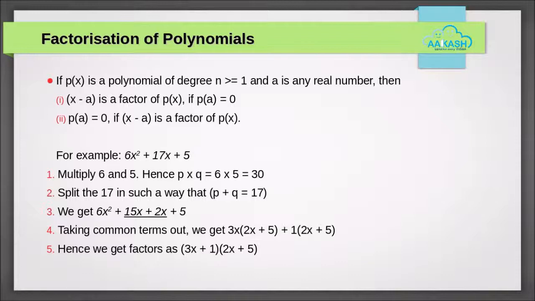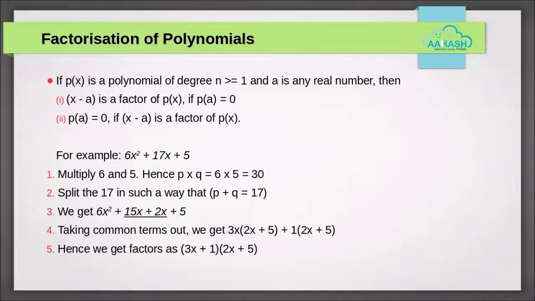We have 6x^2 plus 17x plus 5, which is a quadratic polynomial. Hence, we multiply the first and third coefficients, which are 6 and 5. This gives 30. Now we split the middle term 17 in such a way that the product becomes 30 and the sum becomes 17.